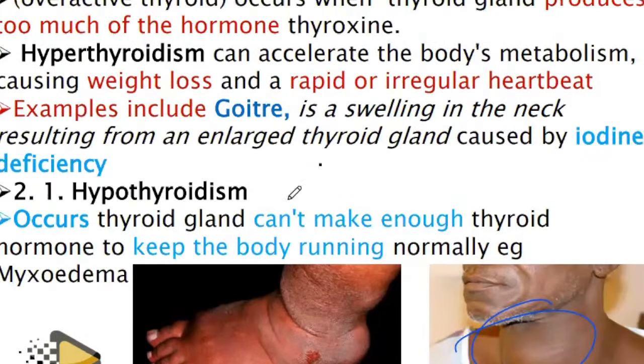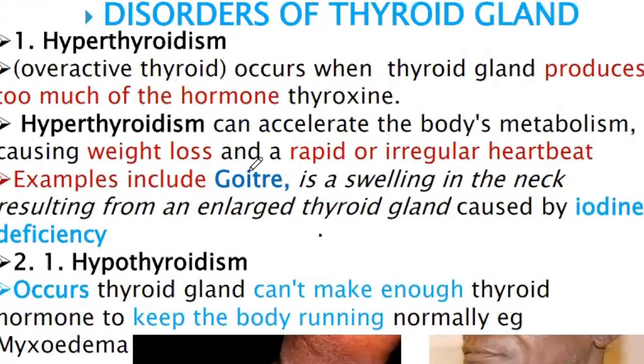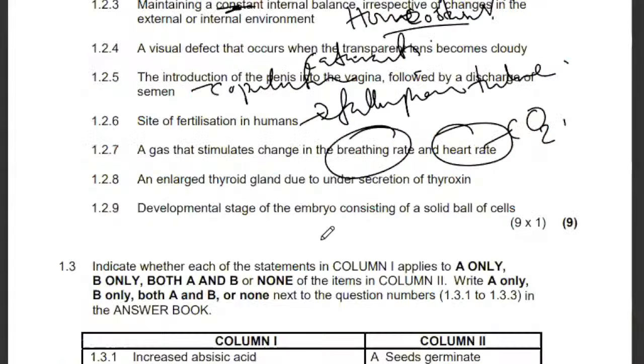So we call it goiter, the enlargement of the thyroid gland. Yes. And then they're saying that due to undersecretion of thyroxine. So basically, when the condition of undersecretion is called hypothyroidism, and if there is too much, we call it hyperthyroidism.